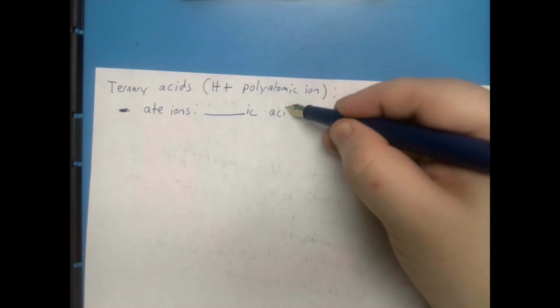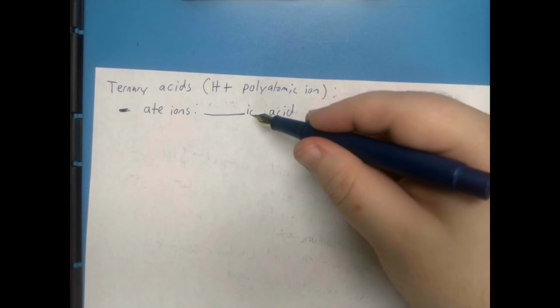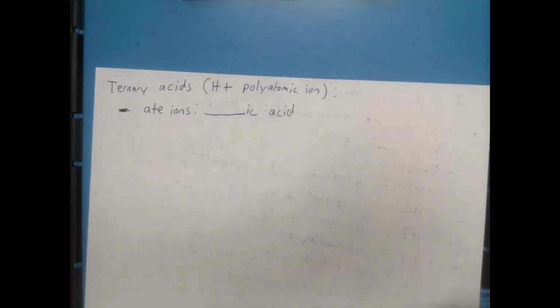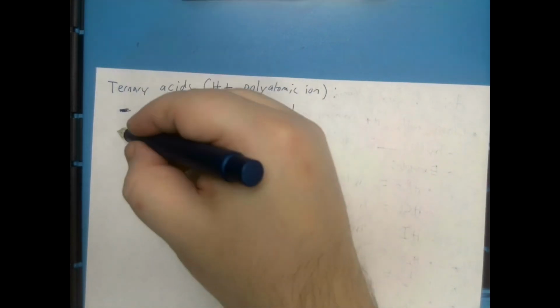It depends on the name of it, whether or not we add IC or replace the ending. Again, it's whichever one sounds the best. For sulfur, we add IC, and this is best memorized by looking at all the acids and just memorizing which ones are added and which ones are replaced.